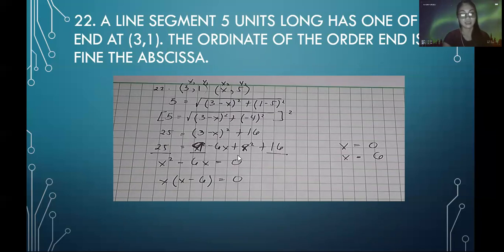So it will become x squared minus 6x equals 0. Then factor: x squared minus 6x will become x times the quantity x minus 6 equals 0. So the value of x is equal to 0 and 6. So the abscissa is at 0 and 6.